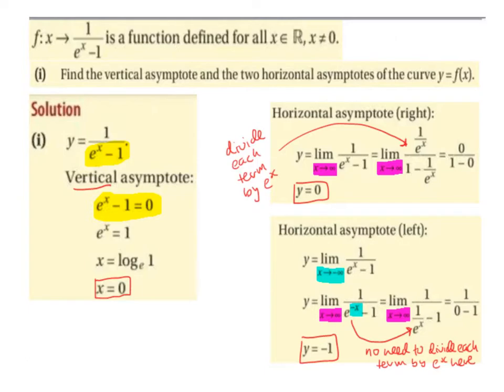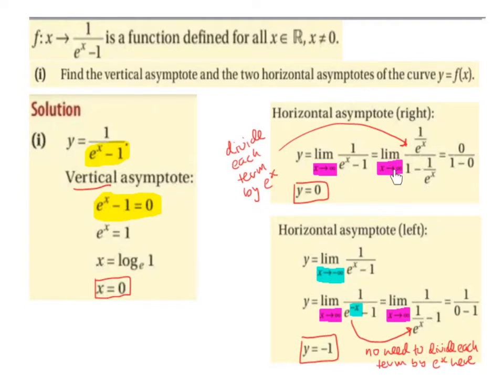So what we did was divide each term by e to the power of x, because that's the highest power of x, which is the same as multiplying each term by 1 over e to the power of x. So 1 multiplied by 1 over e to the power of x is 1 over e to the power of x. e to the power of x multiplied by 1 over e to the power of x is 1. And minus 1 multiplied by 1 over e to the power of x is minus 1 over e to the power of x.